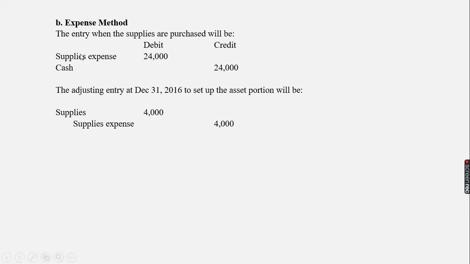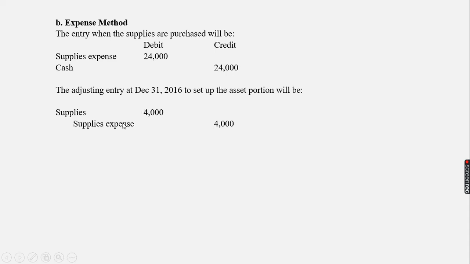Now, for the expense method, your entry is, of course, supplies expense. You put the 24,000 as expense and at the same time, your cash decreased by 24,000. Now, your adjusting entry on December 31, 2016 is supplies 4,000 and then supplies expense 4,000, because what's left is only 4,000. You've used 10 months, which is 20,000.